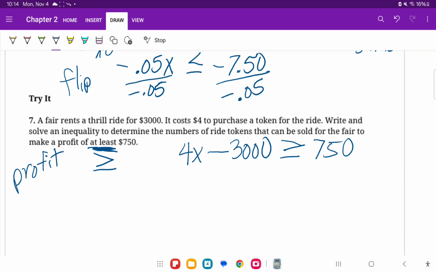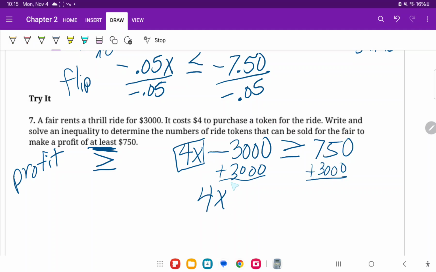Okay? So now we need to get the 4x by itself. So we're going to add the 3,000 like this. Add it over here as well. $4x is greater than or equal to 3,750.